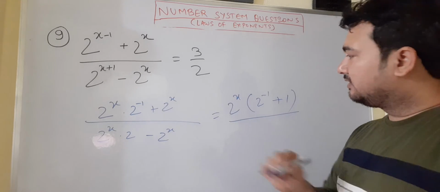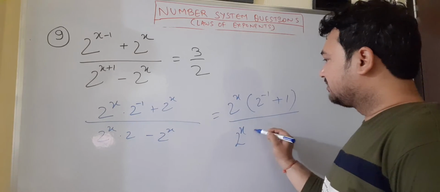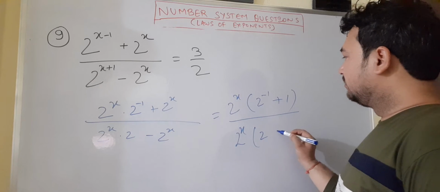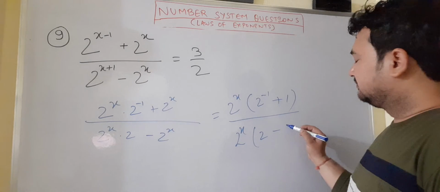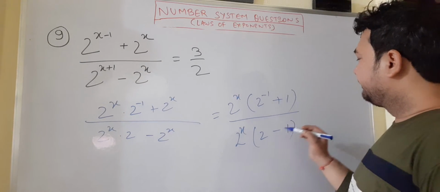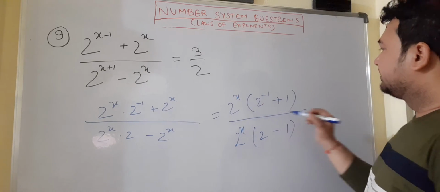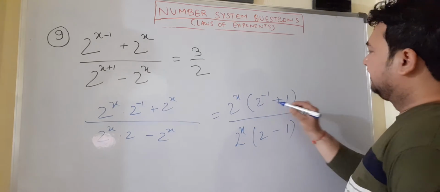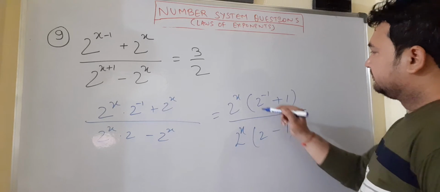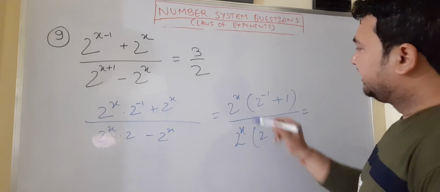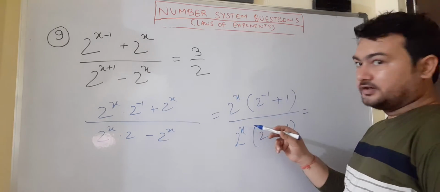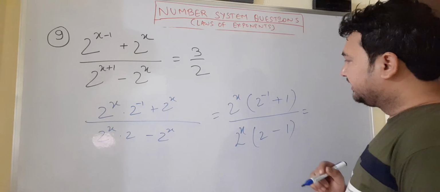Similarly, in the denominator also, take 2 to the power x as common, you get 2 and 1 is here. Now this becomes 2 to the power x multiplied by something. In denominator also 2 to the power x multiplied by something.